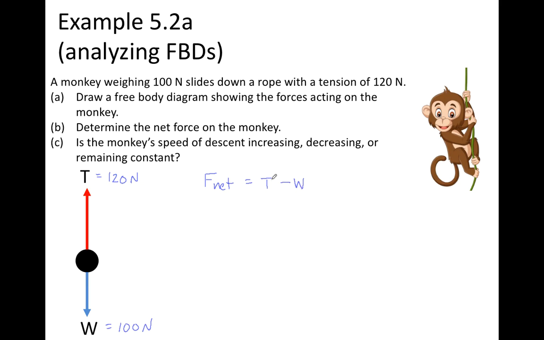So we're going to add a negative weight force to the tension force. And of course, this is just going to be the difference in magnitudes of these two forces. The difference, which is our net or total force, is 20 newtons. And notice this 20 newtons ends up with a positive sign. That means that our net force is directed upwards.